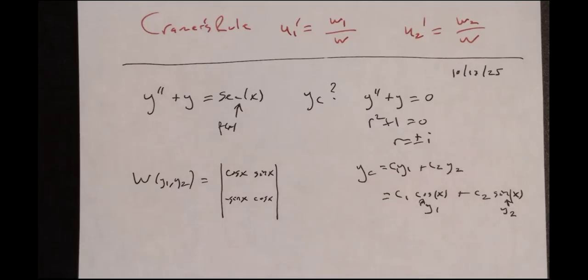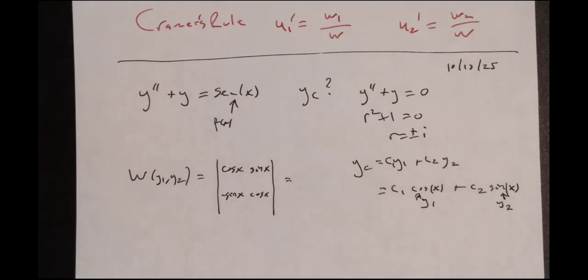And then I take the determinant, AD minus BC, and I get, but that bottom left is already a minus sign, which makes this cosine squared plus sine squared. Yay!